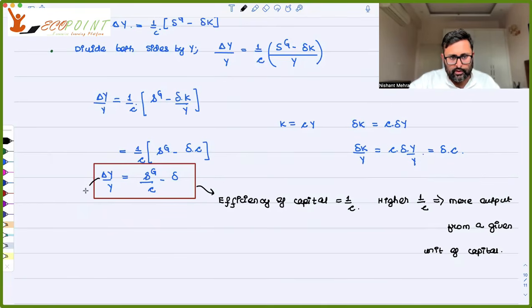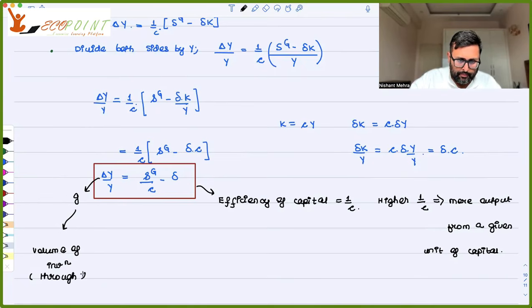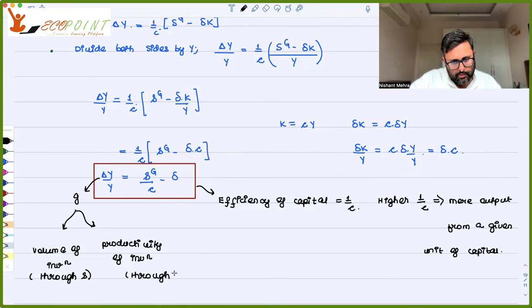So this growth rate G is determined by the volume of investment through small s, and it is also determined by the productivity of investment through 1 upon C. So if the countries want to grow, they will have to have more savings and they will have to use capital more efficiently, right?